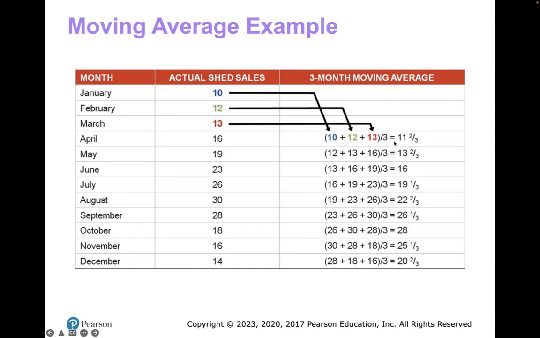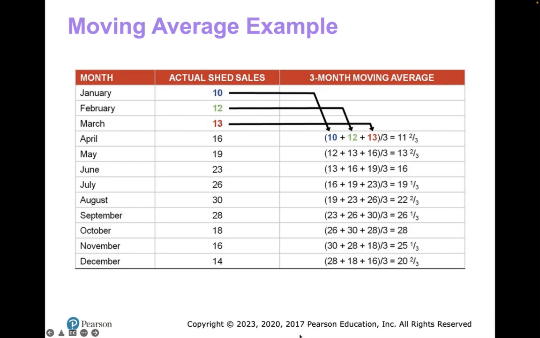Again, really just taking the average of the last 3 months. Now, as we mentioned, think about what happens if, as you can see here, there is an increase in demand from 10 to 13, but this moving average smooths out that trend. So that's something we should consider.